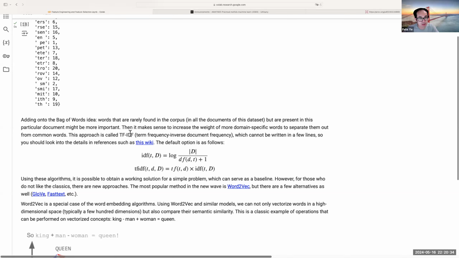This is called TF-IDF, term frequency inverse document frequency. It's more complicated, but you can click this reference wiki and see how they actually process that. You only need to know this is very important, and the difference between TF-IDF and the bag of words is that TF-IDF is going to assign a weight to each word. So this gives you some idea.